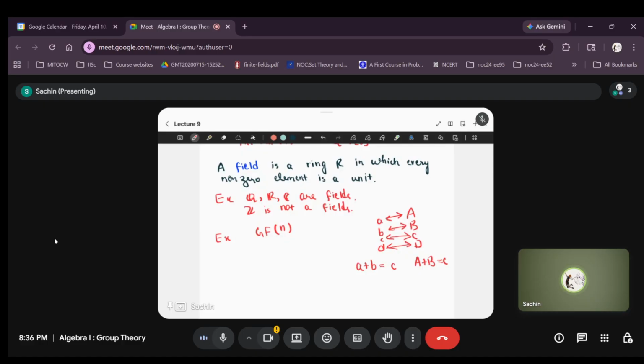Is there any true mathematical difference? Not really, no.